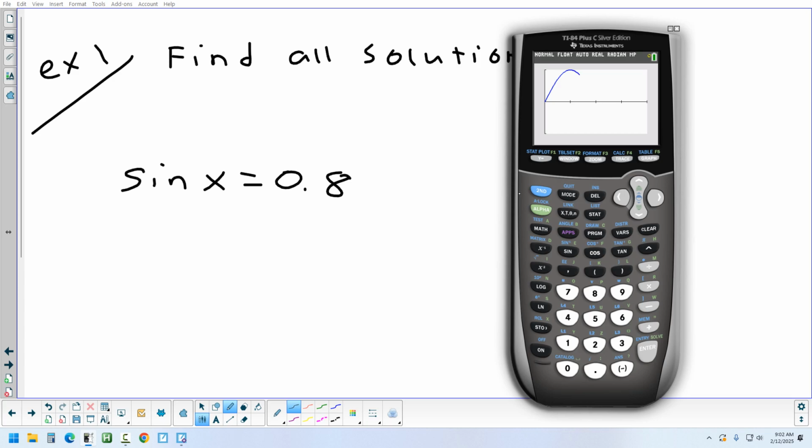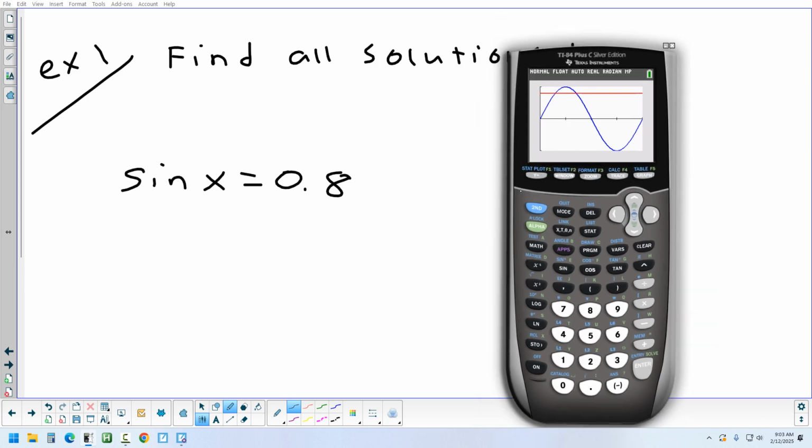I didn't even check the y min and max, but I guess they're fine. Okay. So how many answers are we getting per cycle? Nick? 2. Okay. How do I find the first one? Yep, second calc, intersect.